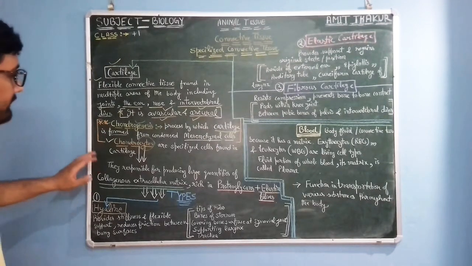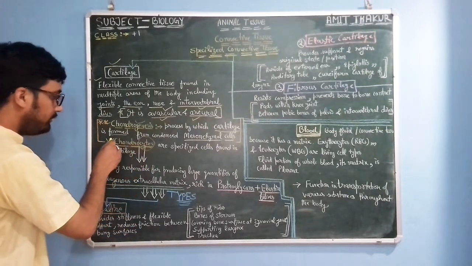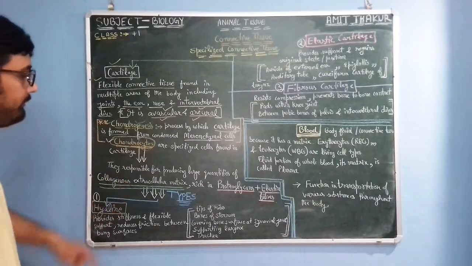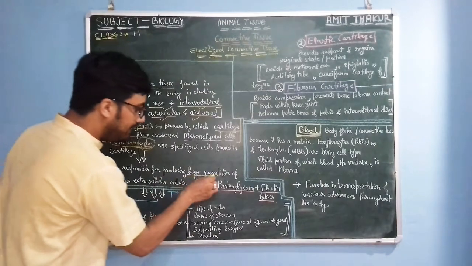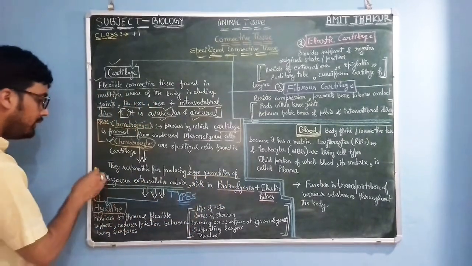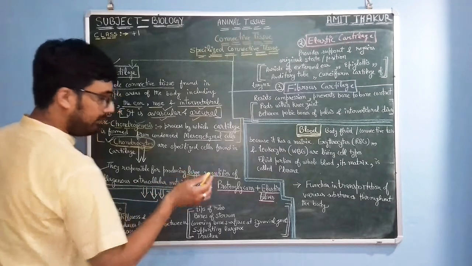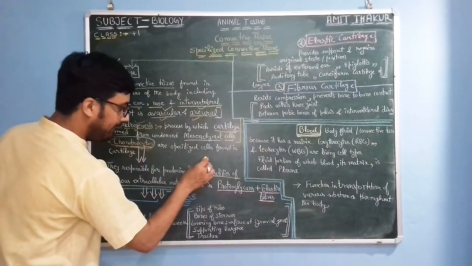Then these chondrocytes, or you can say the specialized cartilage cells, are responsible for producing large quantities of collagenous extracellular matrix. For example, this is a cell.